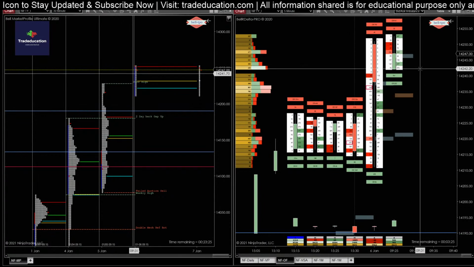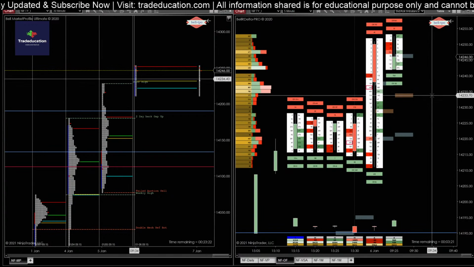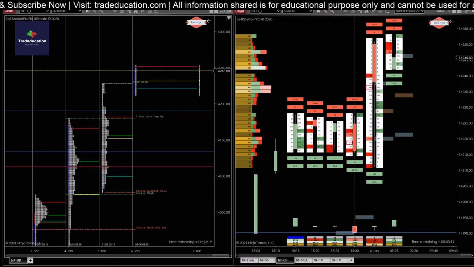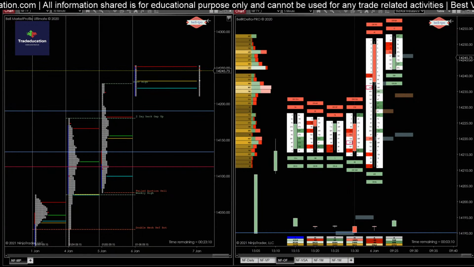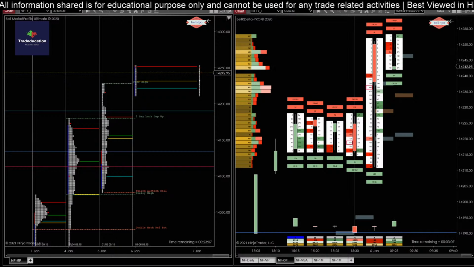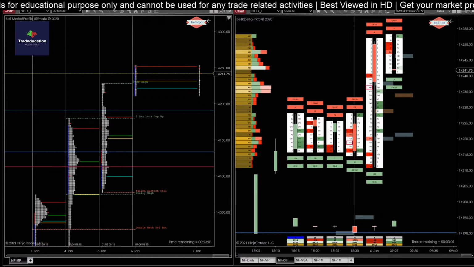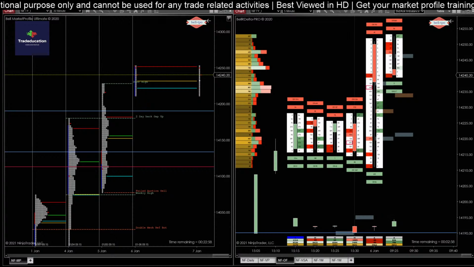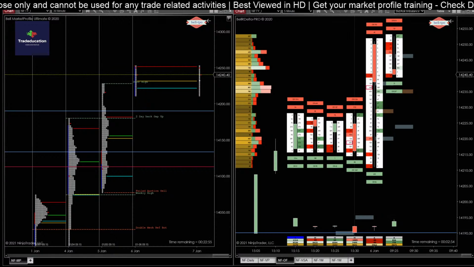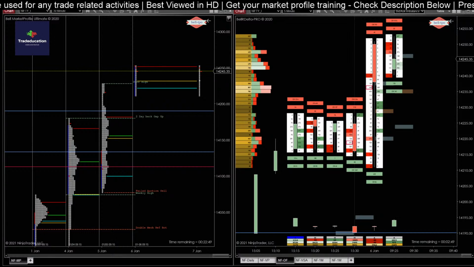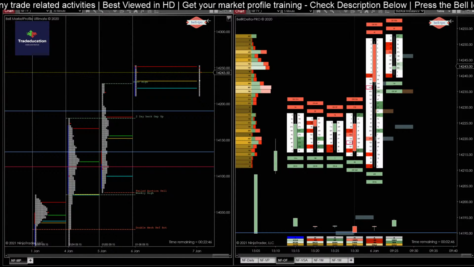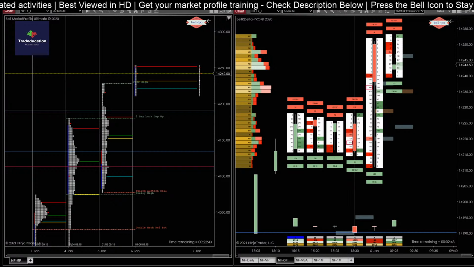So what I'm expecting is the auction to tag the VWAP, see some sort of choppiness, and then continue to the higher side. So let it continue. Okay, so we will be tagging the VWAP.